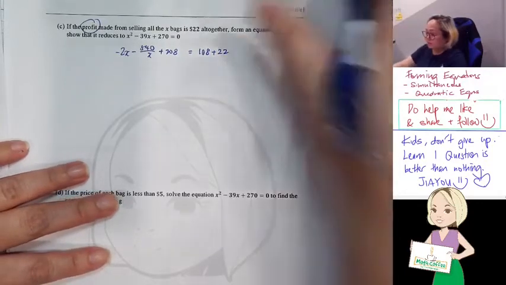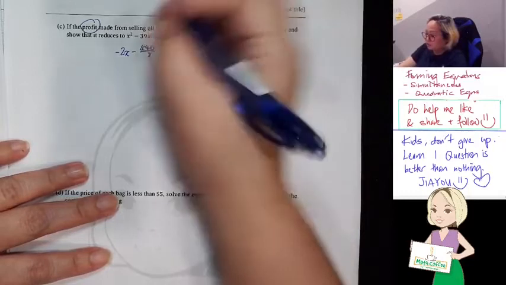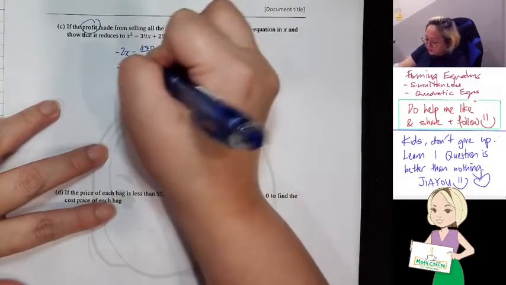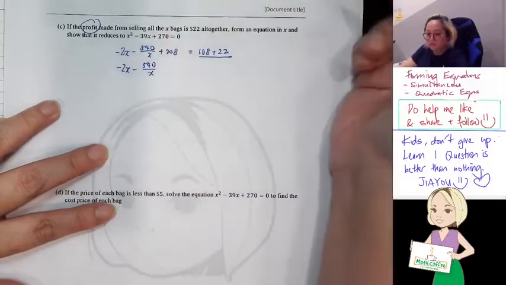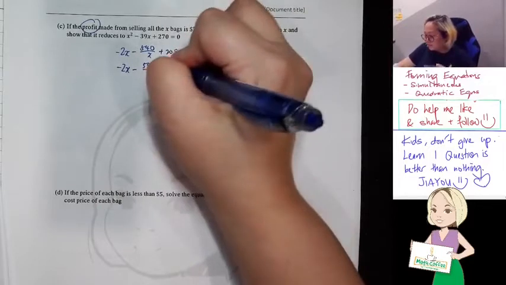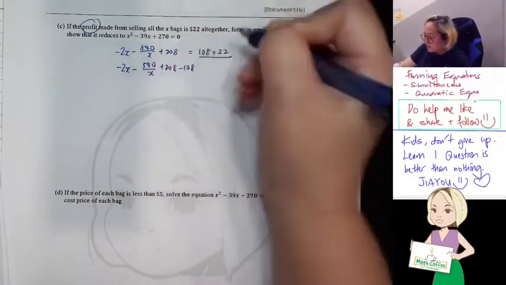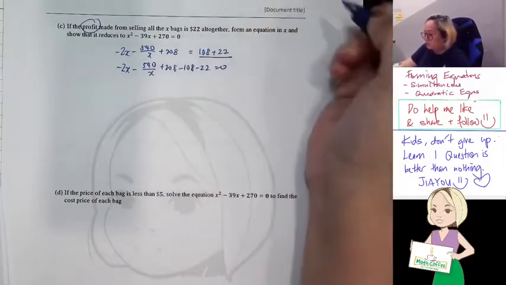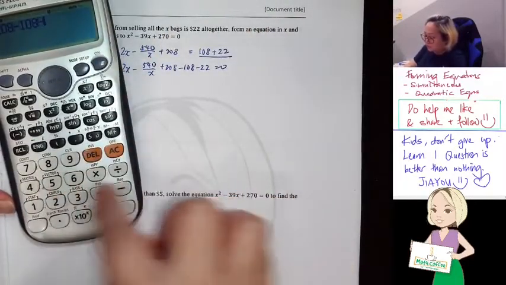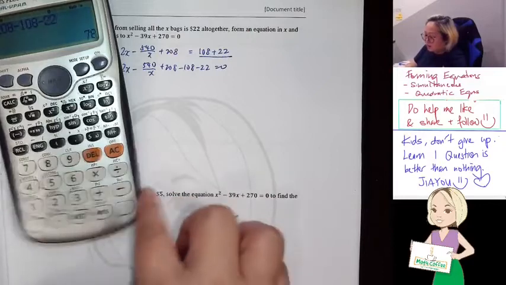So now let's simplify again. All this I'm going to throw to the left hand side. So I have minus 2x minus 540 over x. The numbers, I will take 208 minus 108 minus 22 equals to 0. So 208 minus 108 minus 22, I have 78.